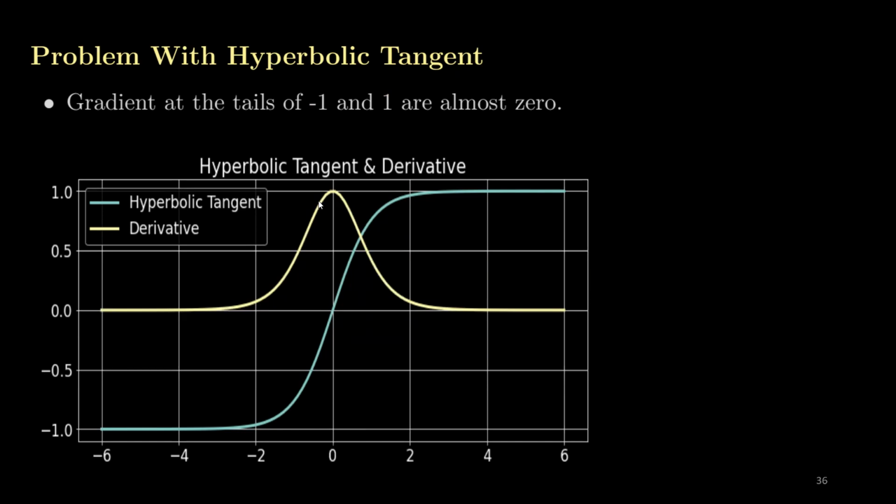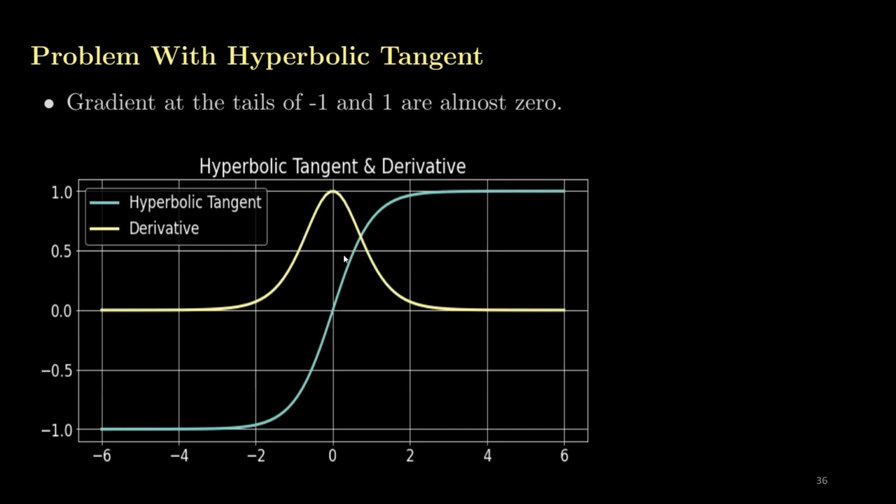The gradient becomes 0 when we move in the negative direction and also 0 when we move in the positive direction. So it is 1 when the input is 0. But for the negative inputs, it is close to 0 or starting to become 0. And similarly, for positive values, the gradient becomes 0.